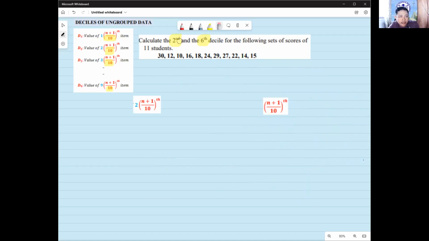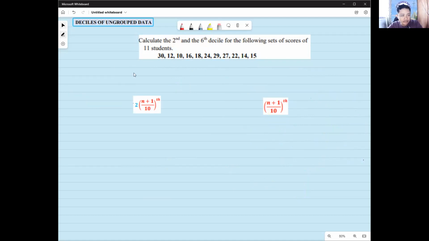So let me now erase this, and I will be changing it with the percentiles of ungrouped data.